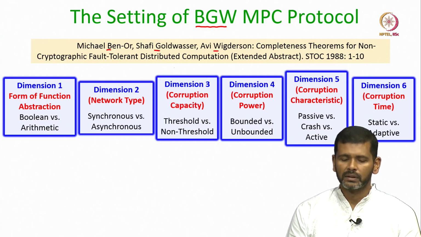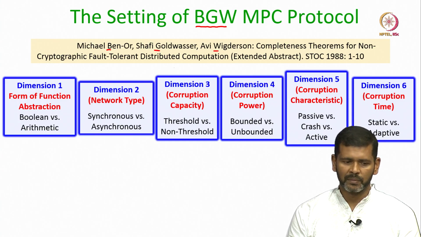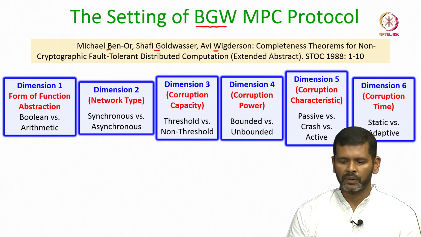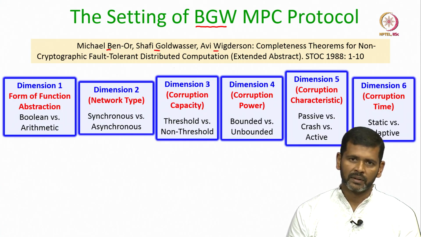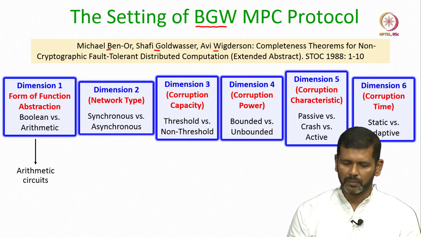So, recall that the problem of secure computation or MPC can be studied in various dimensions depending upon how you are abstracting your underlying function to be securely computed, what is the type of underlying network, what is the corruption capacity of the adversary, whether the adversary is computationally bounded or unbounded, whether the adversary is corrupting in a passive fashion or malicious fashion, and whether the adversary is static or adaptive.